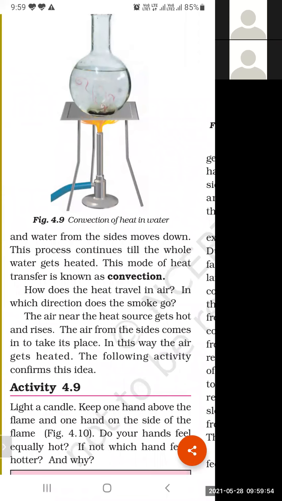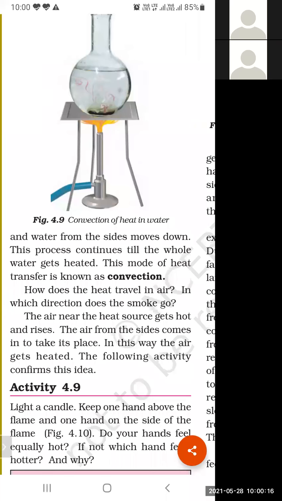This process continues till the whole water gets heated up. This mode of heat transfer is known as convection. So students, the second method is convection. You can simply write the definition of convection.